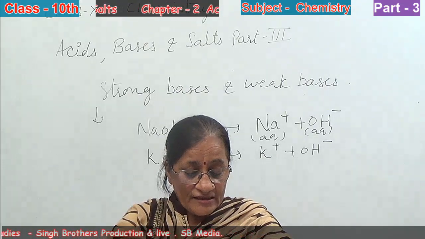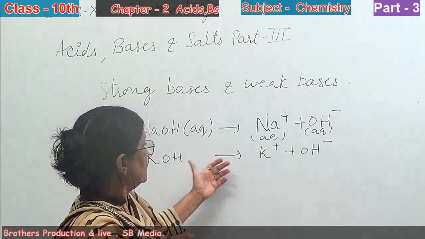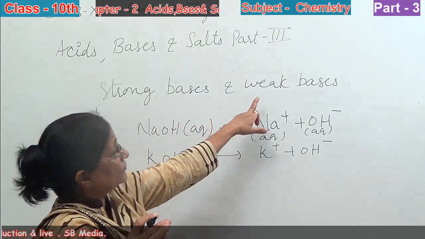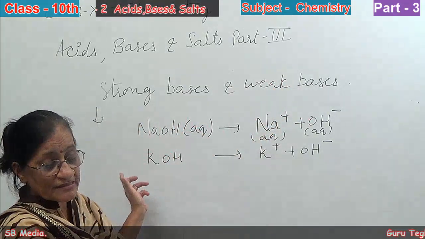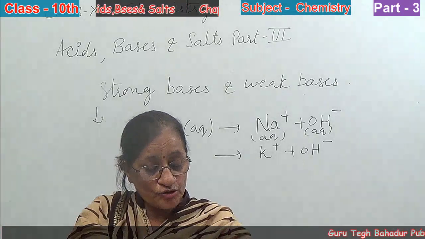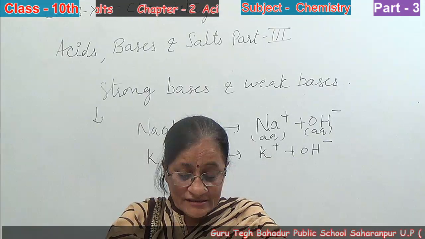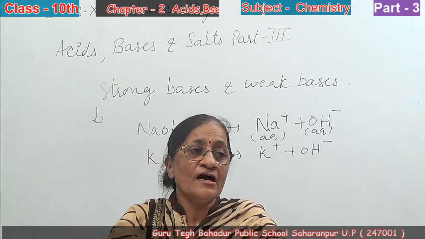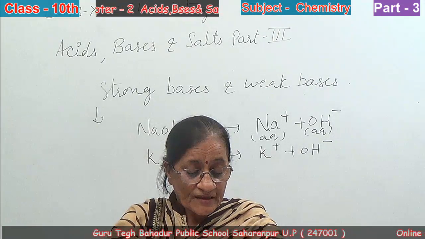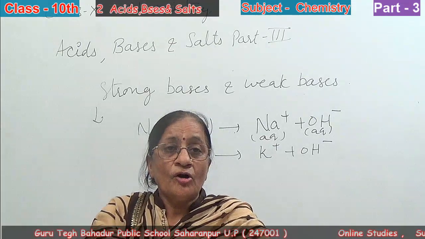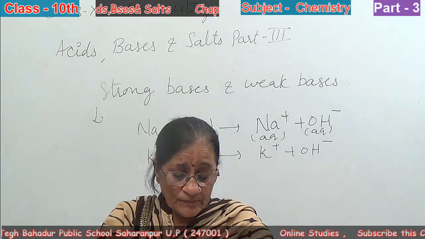Now, the other type of bases is weak bases. The bases which do not dissociate or ionize into ions completely are weak bases. These are also called insoluble or less soluble bases.